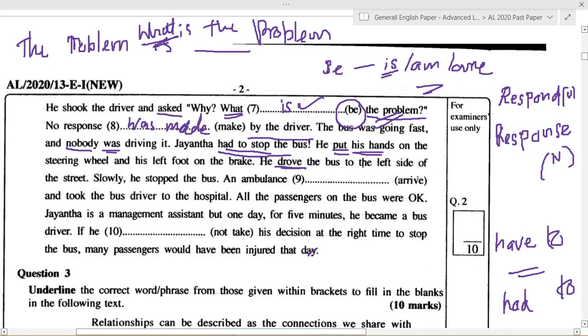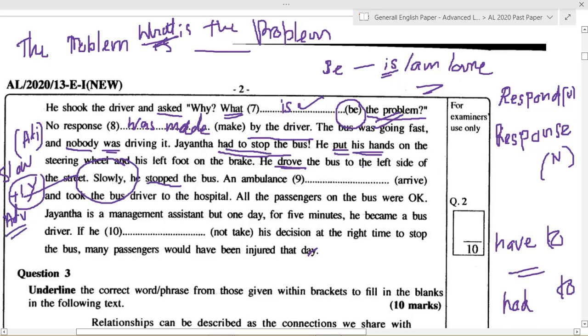Slowly he stopped the bus. How did he stop the bus? Slowly. Slow is the adjective, and the adverb is slowly.